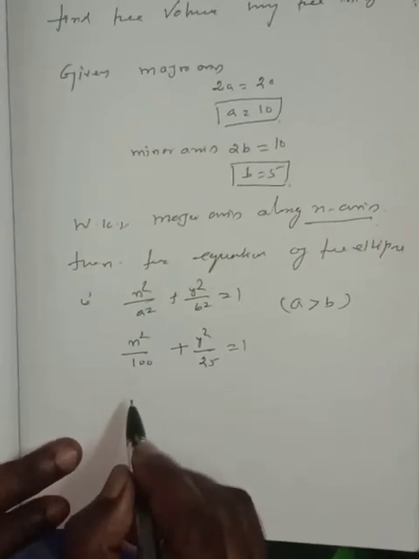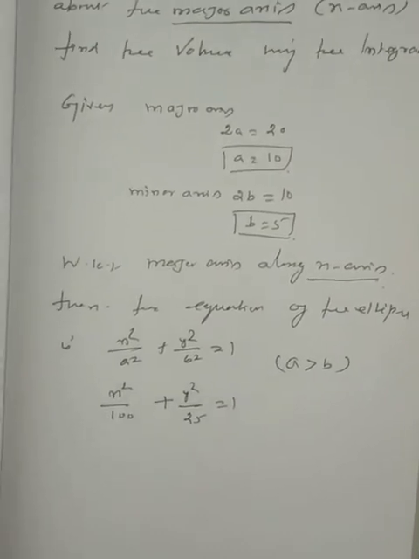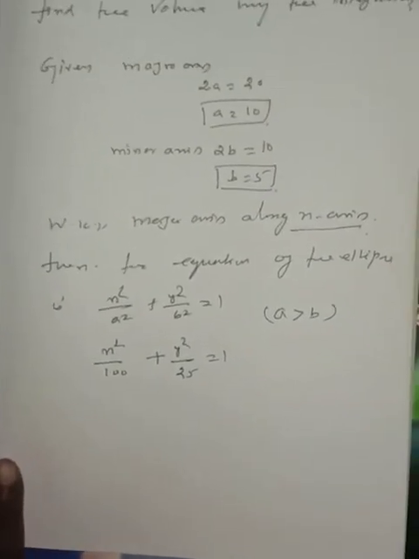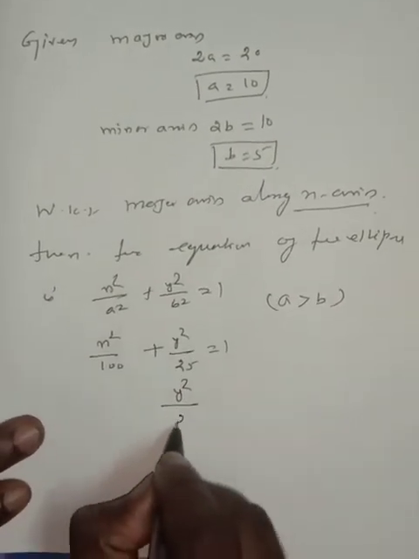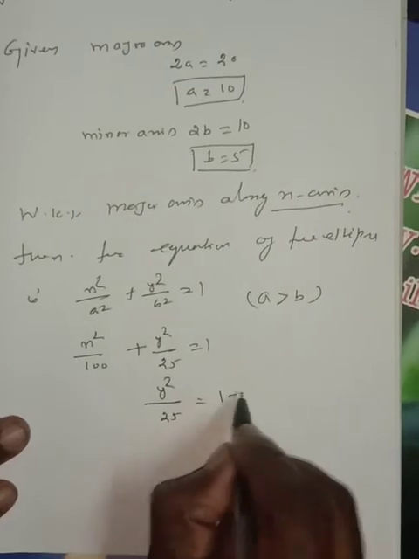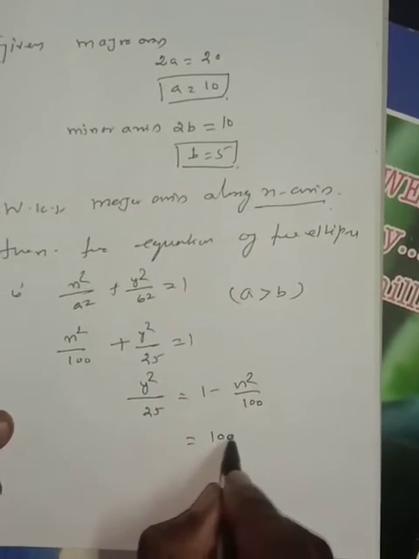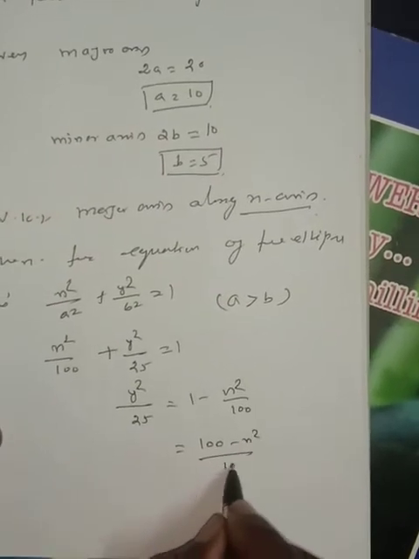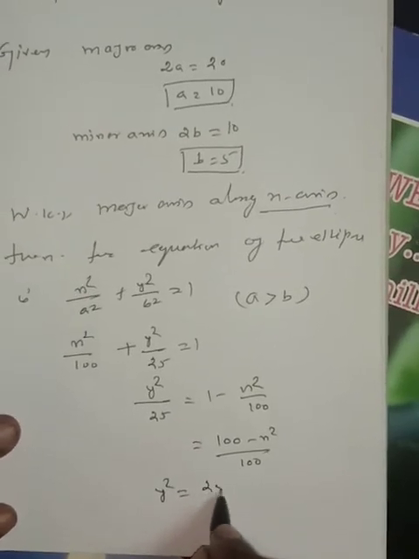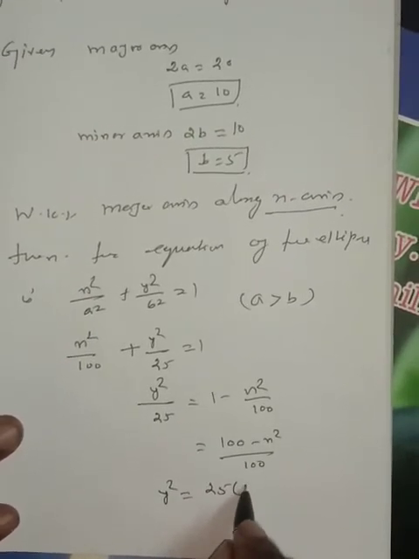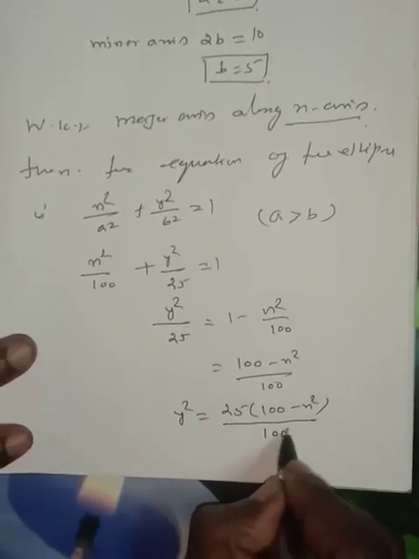Next, y square divided by 25. Now in this case we want to find y square. Therefore y square divided by 25 is equal to 1 minus x square divided by 100. Taking LCM, we have 100 minus x square divided by 100. Now y square is equal to 25 into (100 minus x square) divided by 100. These two are cancelled.